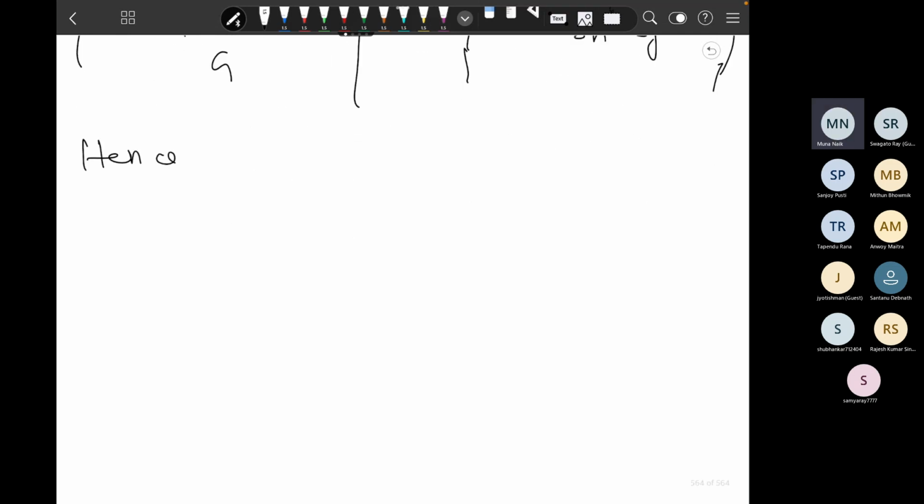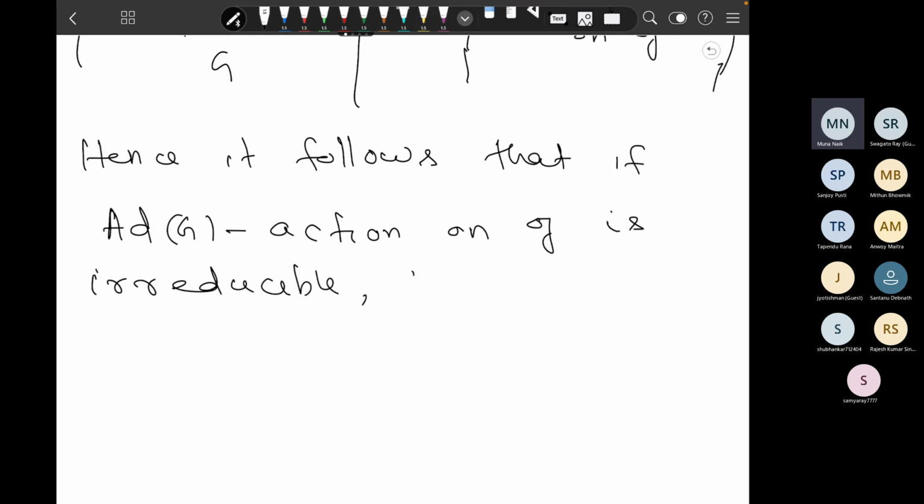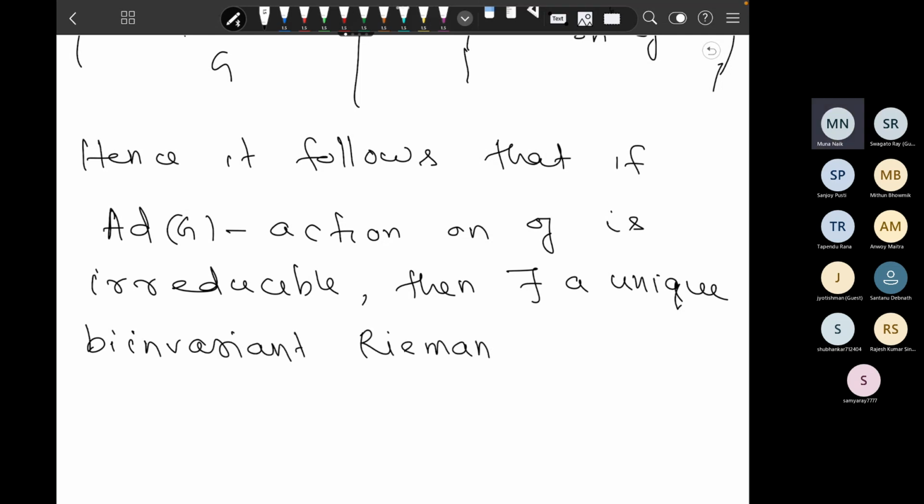So hence it follows that if the Ad(G) action on the Lie algebra is irreducible, then there exists a unique bi-invariant Riemannian metric on G up to scalar multiple.